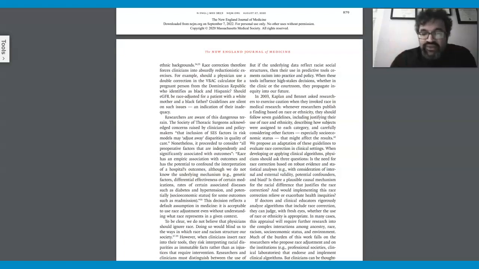Two, is there a plausible causal mechanism for the racial difference that justifies the race correction? And three, would implementing this race correction relieve or exacerbate health inequities?